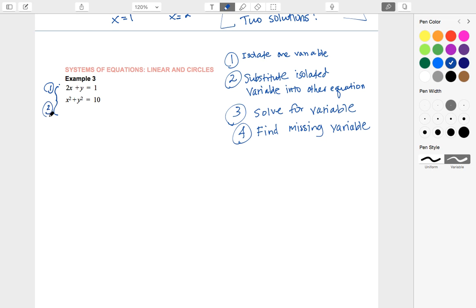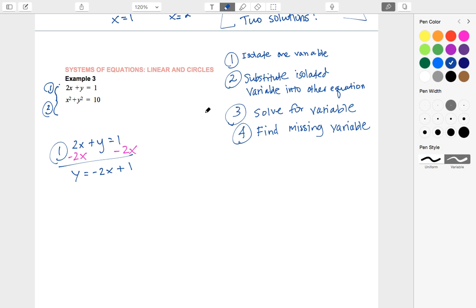So we have first and second. So this is my step 1, and I'm going to use 2x plus y is equal to 1, and I'm going to isolate it by subtracting 2x on both sides, and we'll get y is equal to -2x plus 1. Okay, so I isolated one of my variables.